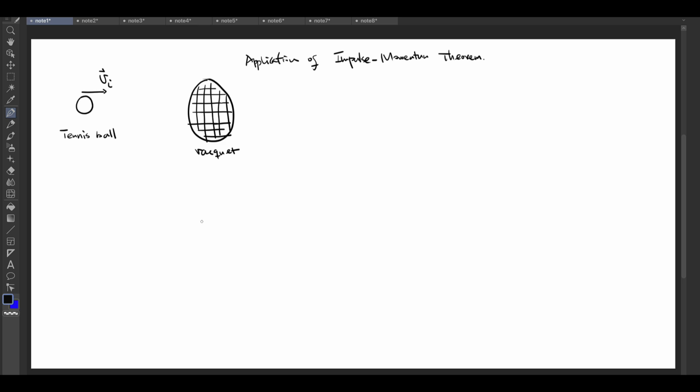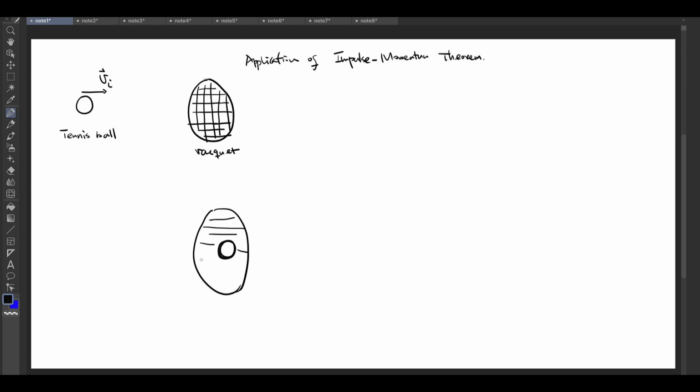And while the ball is hitting the net, the net, of course, will have some deformation, right? So it will be pushed. The net will be pushed this way, and then here's the instant where we have the ball, the instant the ball is right on the net of the racket.